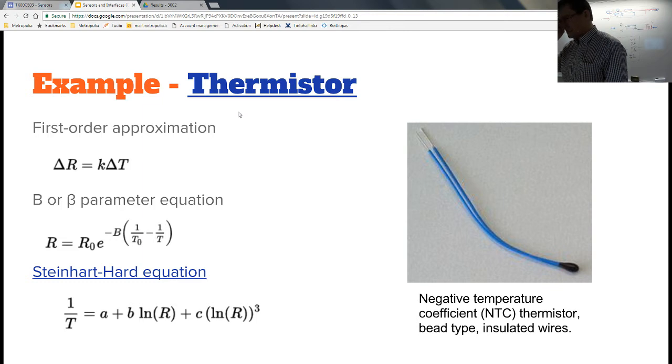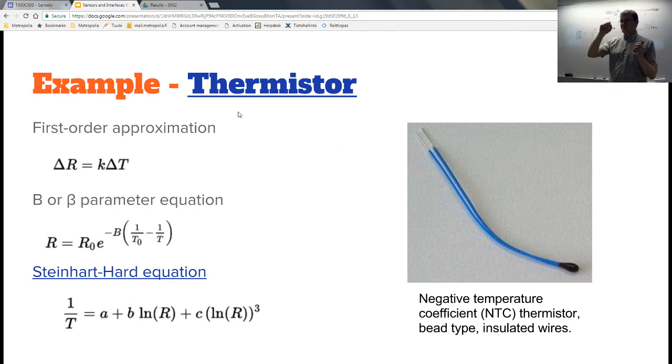You mean the N and P region? Yes, yeah. So you get more of these charge carriers. Yes, more charge carriers, which means the resistance goes down. There's also PTC. When you heat this material, it actually does the opposite. So there are fewer charge carriers.